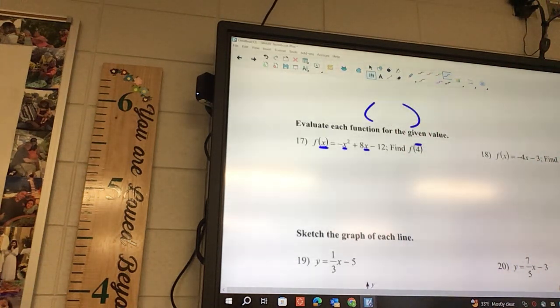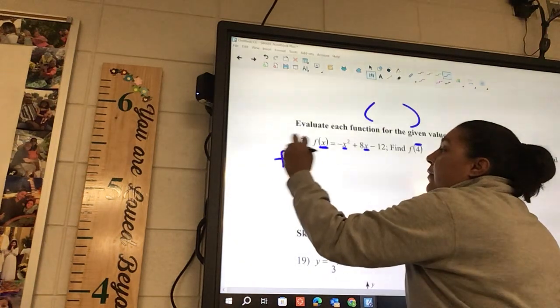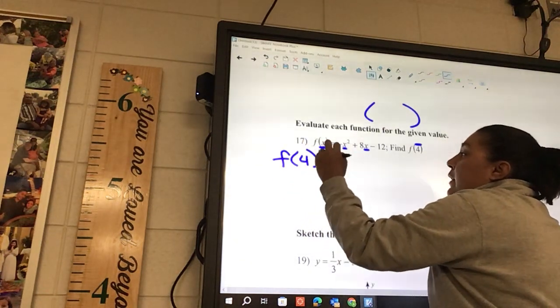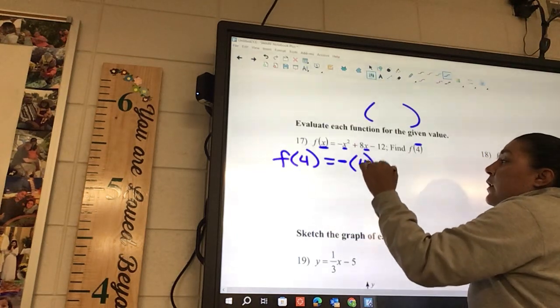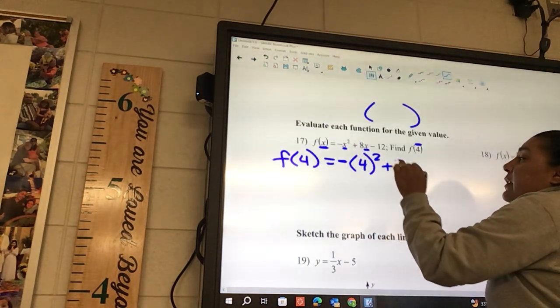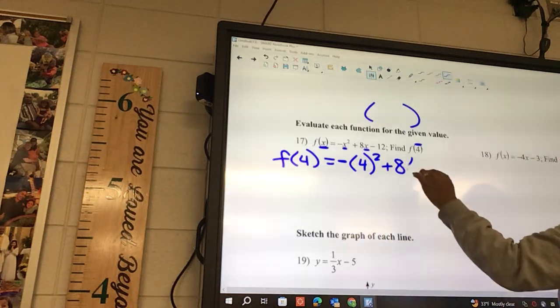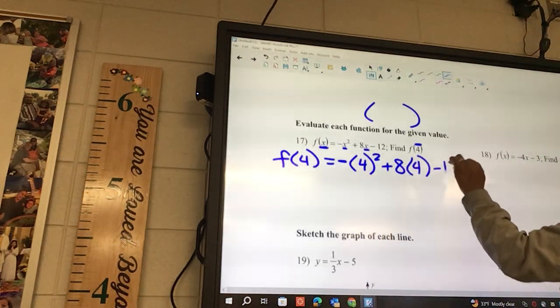So it's going to look like f of 4 equals negative, well I have an x, so we're going to put parentheses 4 squared plus 8, I have another x, so we're going to say parentheses 4 minus 12.